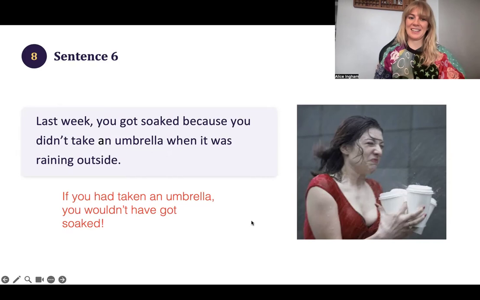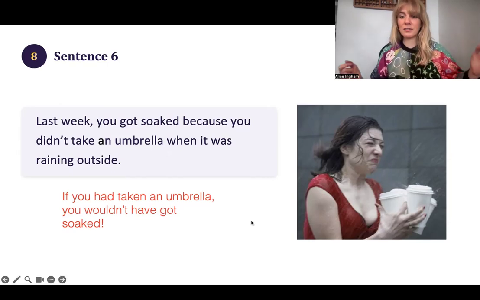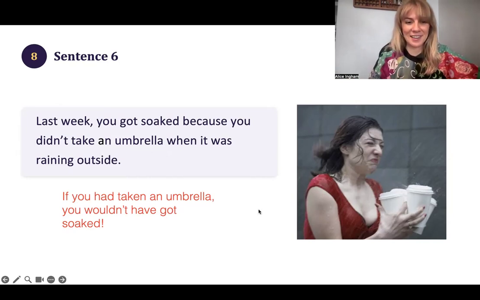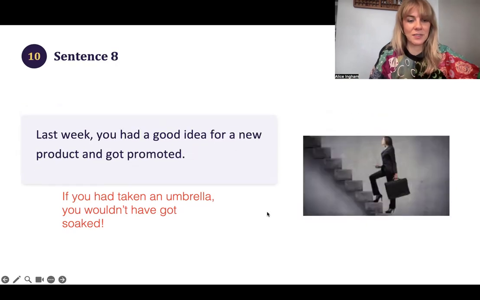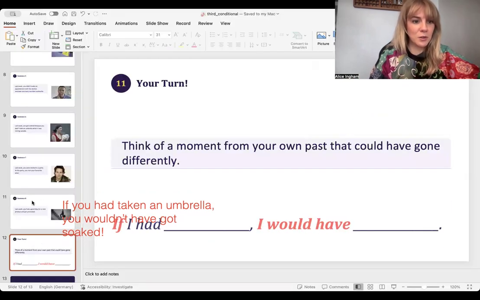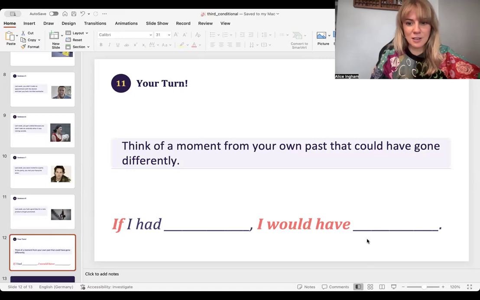If you had taken an umbrella, you wouldn't have got soaked. Or remember, we can switch it. You wouldn't have got soaked if you had taken an umbrella.